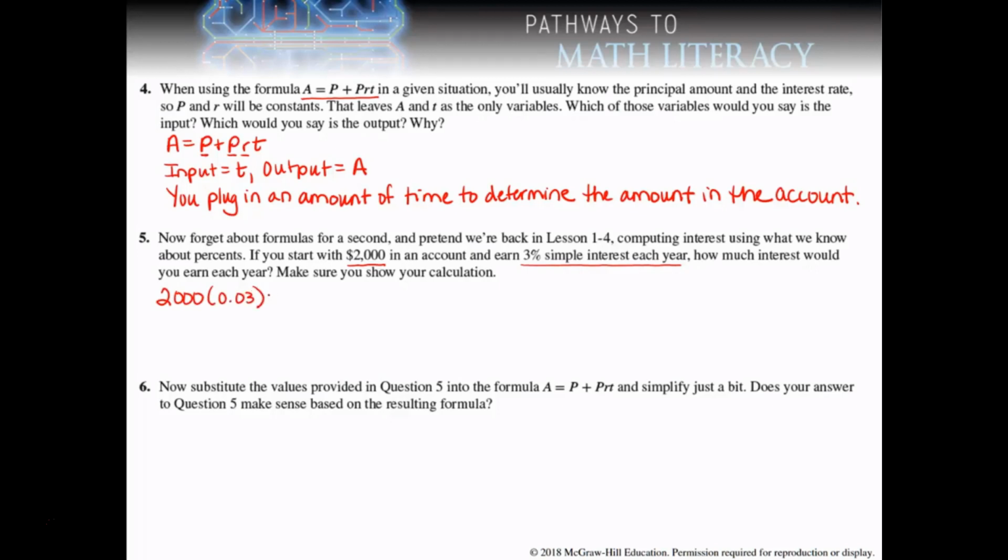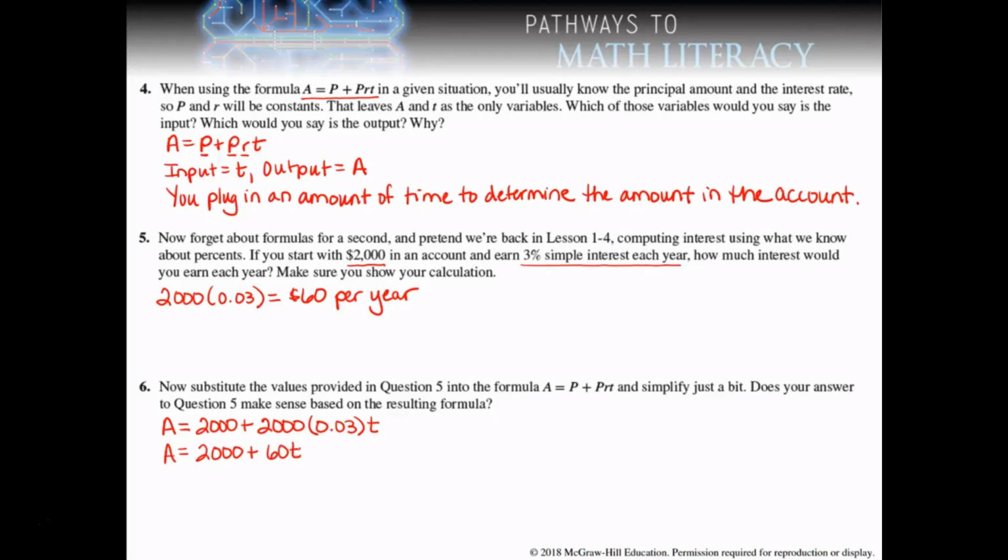Now in number 6, we're going to substitute those same values into the simple interest formula that we were given. So the amount in the account equals P, the principal, that's the $2,000, plus P, the principal again, times the interest rate, which was 3%, so 0.03, times the time, which we haven't been given, so we'll leave that as a T. So simplifying that, we get the amount in the account equals 2,000 plus 2,000 times 0.03, which is 60, times T. And then the question is, does that make sense based on what we did in number 5?